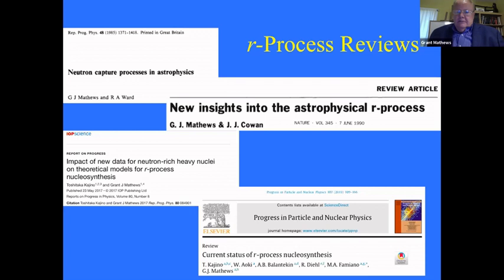And in the process of these different reviews, it's been interesting to see how the framework and understanding the R process has developed. Back in the earliest days, everyone thought they'd solve the R process. It was explosive helium burning and prompt ejection from supernovae.